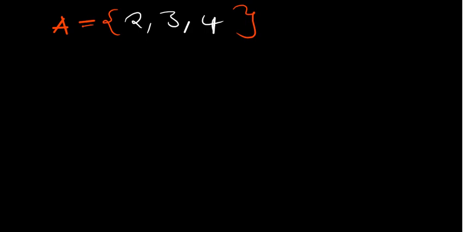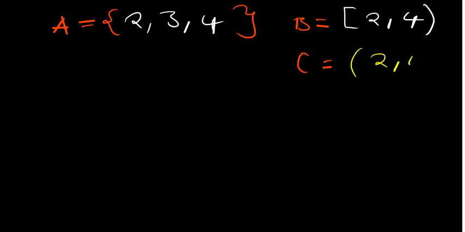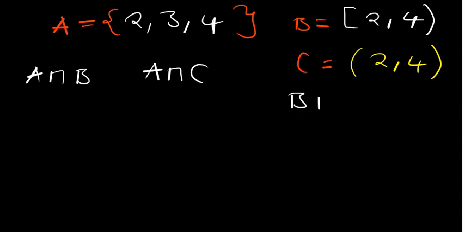Then I can also put set B and set C. For my set B, I can say we have 2 and 4, and for my set C, I can say we have 2 and 4. So I want to find A intersection B, A intersection C, and B intersection C.